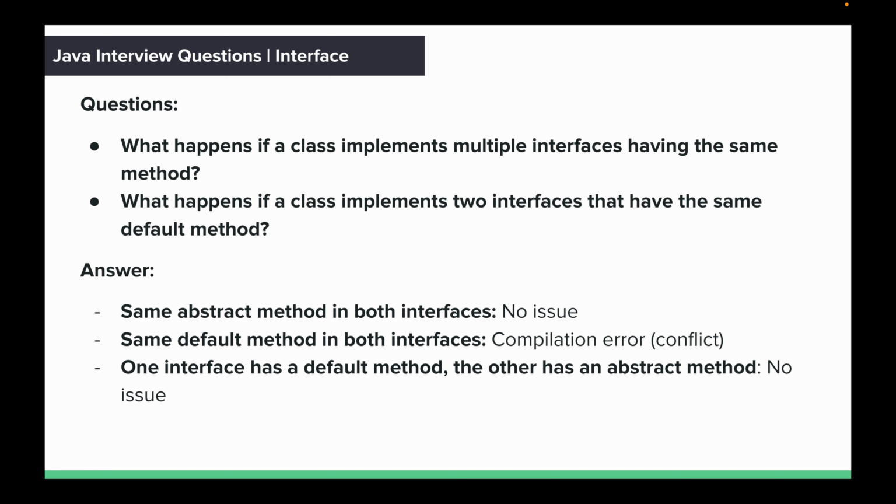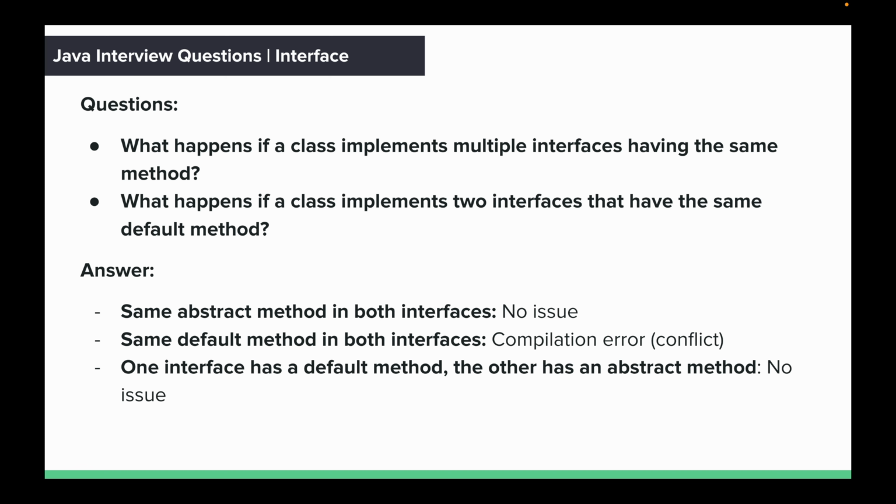If both of the interfaces contain the same abstract method, there will not be any issue. But if the interfaces contain the same default methods, in that case we will get a compilation error, so we have to resolve that error. And if one interface has a default method and another interface has an abstract method, in that case we will not face any issue.